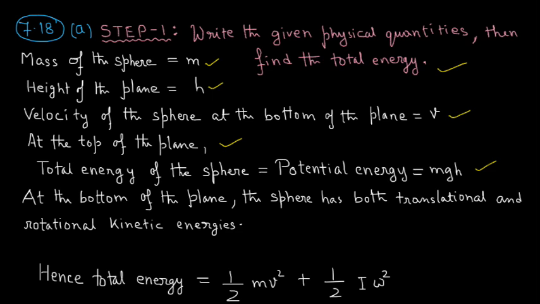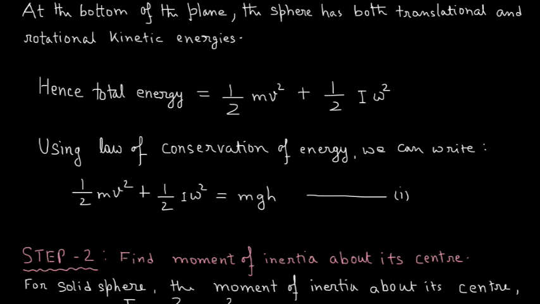So the total energy at the bottom will be half mv square, which is the translational kinetic energy, plus the rotational kinetic energy, half I omega square. Using the law of conservation of energy, we can write half mv square plus half I omega square is equal to mgh, which is the potential energy.